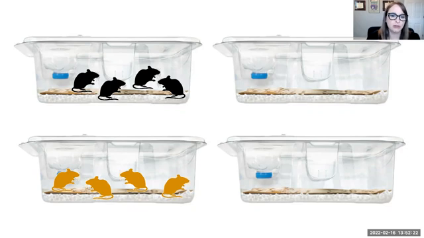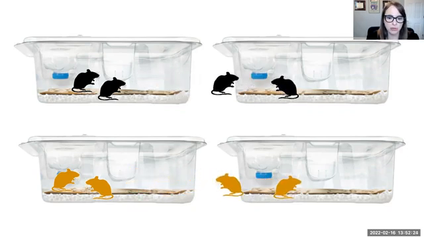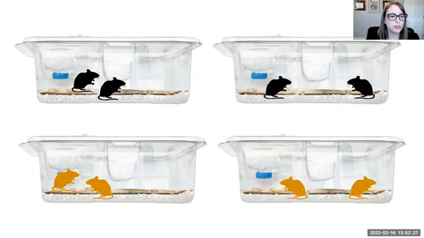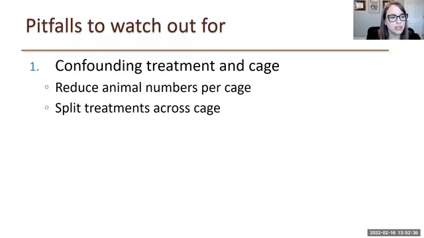So how do we try to get around this? Well, we split apart our animals into smaller groups so that we can hopefully pull apart those differences or effects due to cage. This is one way to work around that. We can split treatments across cages as well.